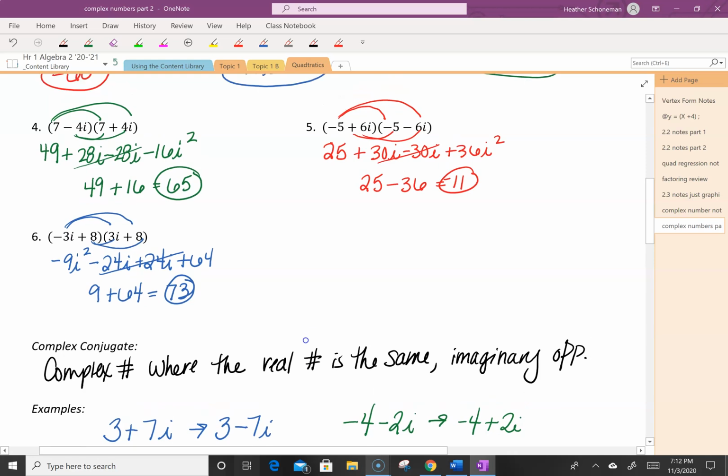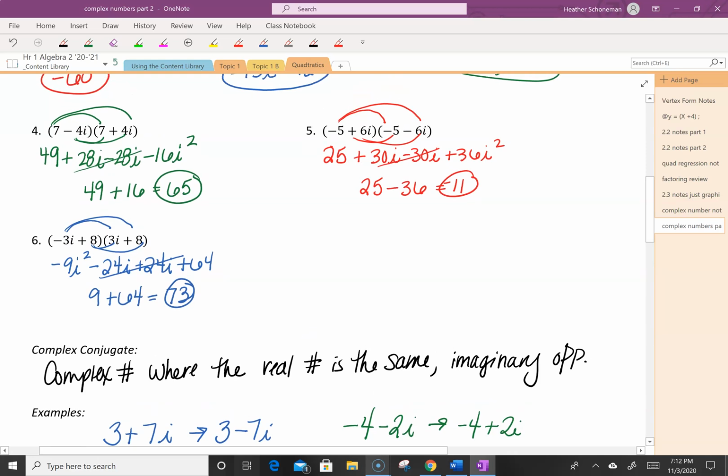Now, notice on 4, 5, and 6, all of these up here were complex conjugates. And when I multiplied by the complex conjugate, the middle number always cancels out. So only when we have the complex conjugate do we have a little shortcut. So let me look at this first one. 7 minus 4i, whoops, totally wrote that wrong, times 7 plus 4i.